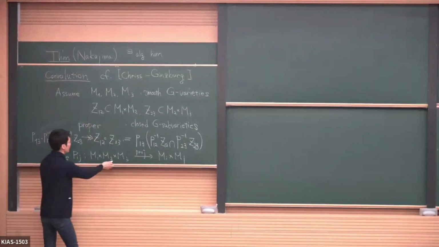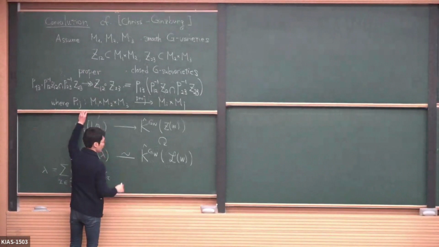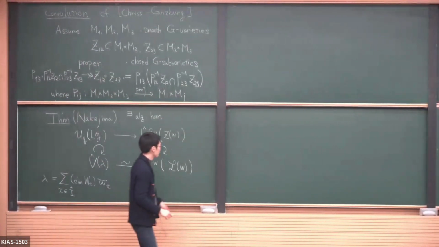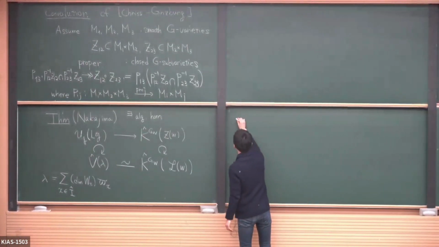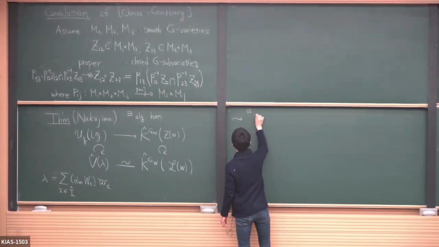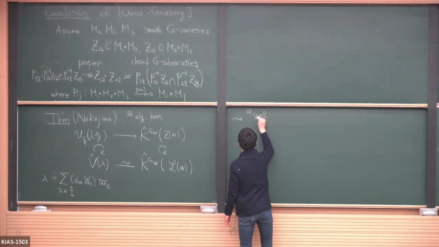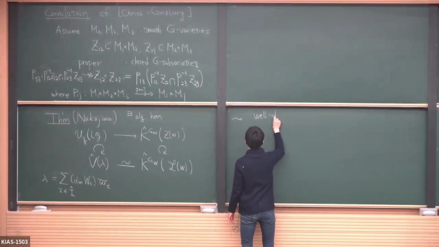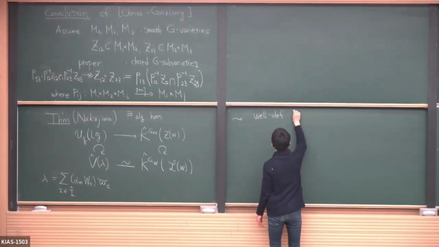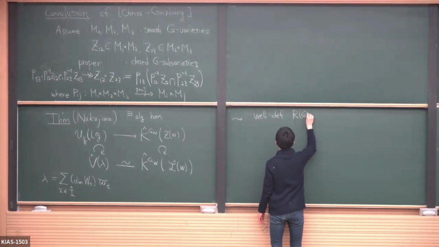Okay, so they are assumptions. And under these assumptions, we can define a well-defined RG bilinear operation.